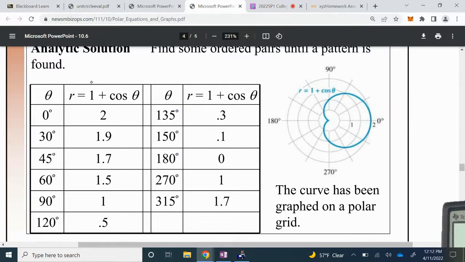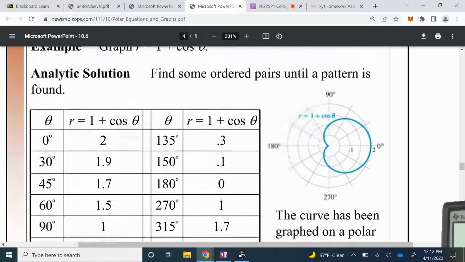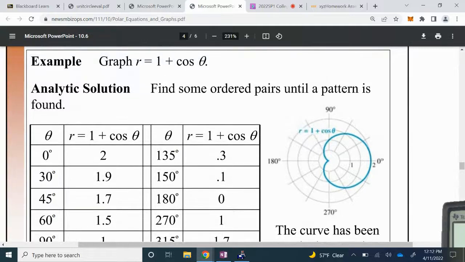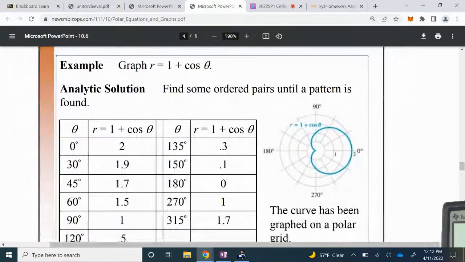So we would find 30 degrees, which is here, we would find 1.9, which is here, and we would plot that point. And then this would keep going around and around, and then we would have the graph of this cardioid. But what we're going to do is use the calculator to graph.